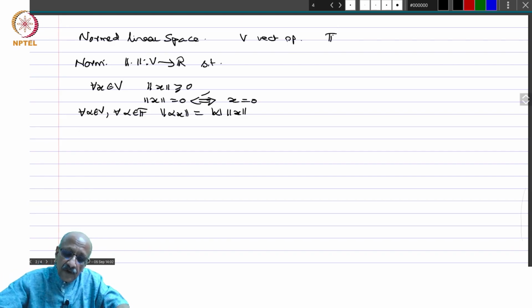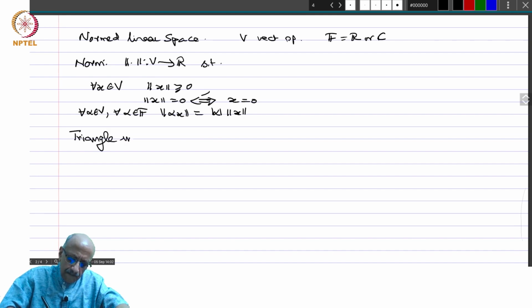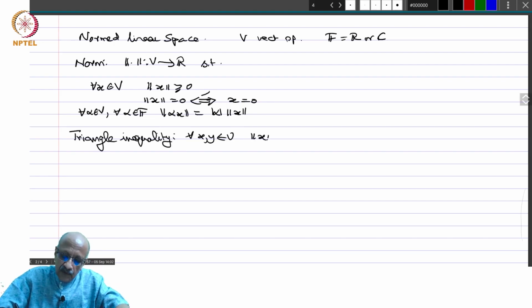And then finally we have the triangle inequality, which is the most important. You have that for all x, y in V, norm of x plus y is less than or equal to norm x plus norm y.